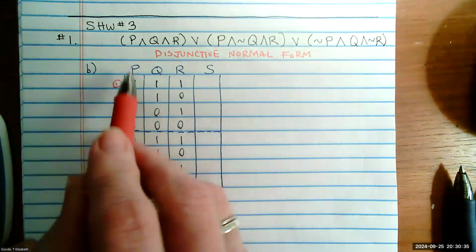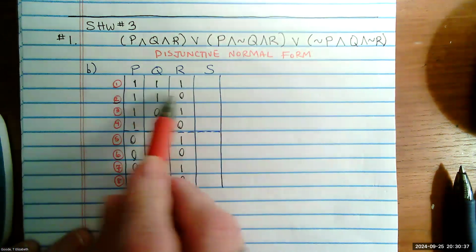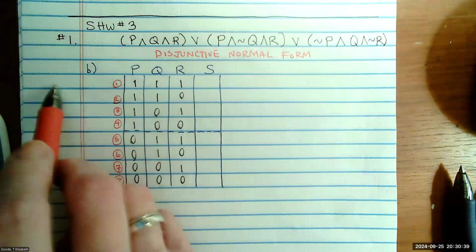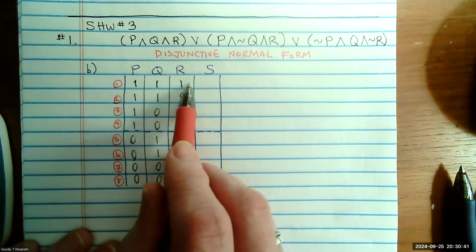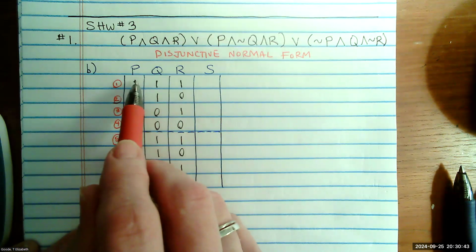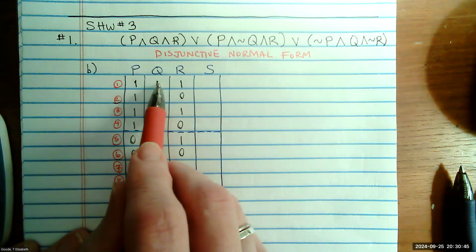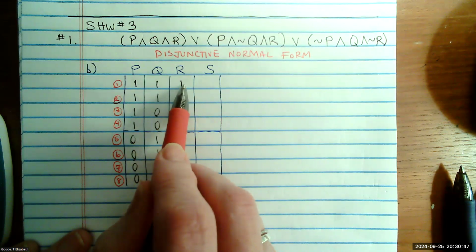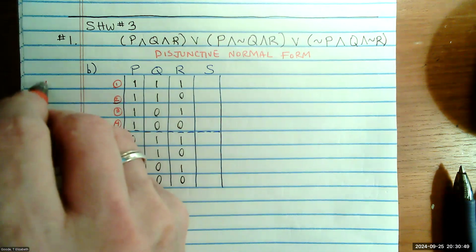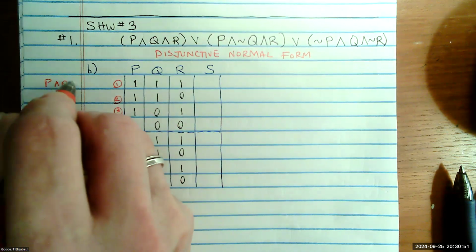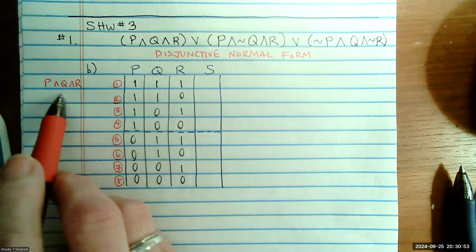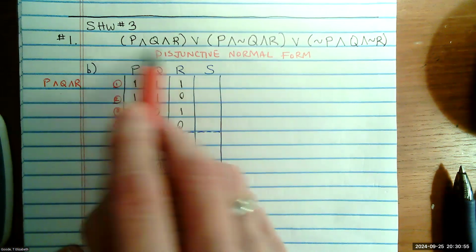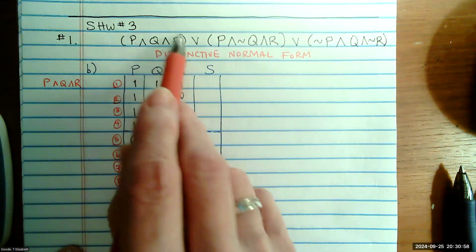And see, we can describe each of these rows as an input state. Row 1 says, hey, we're inputting a hot wire for P and a hot wire for Q and a hot wire for R. In other words, it's P and Q and R. That's what row 1 means. And that's one of the expressions here.